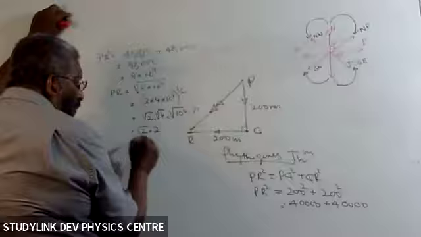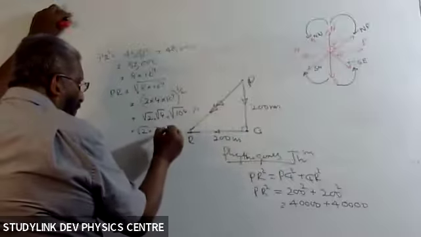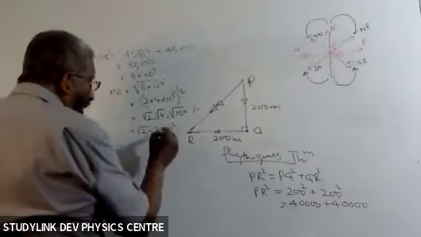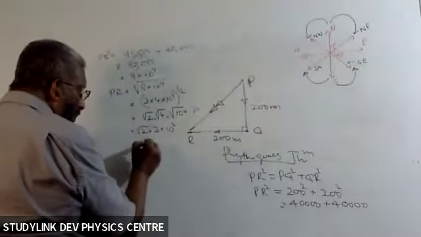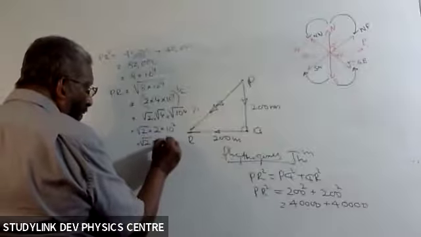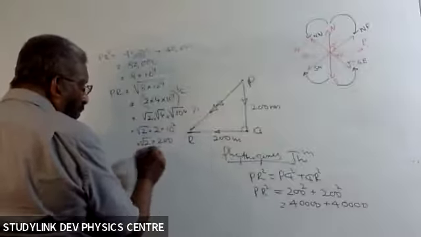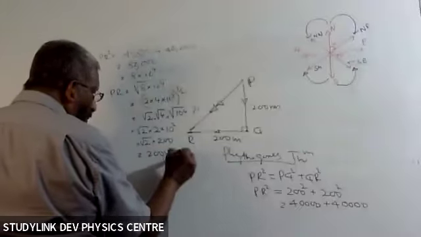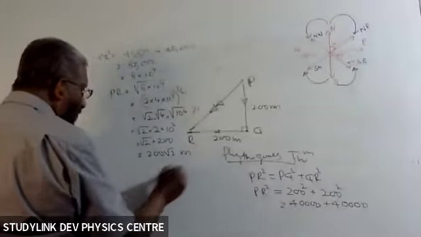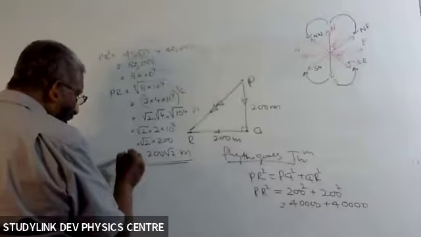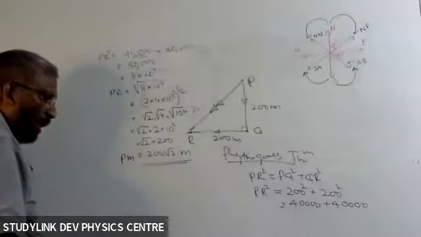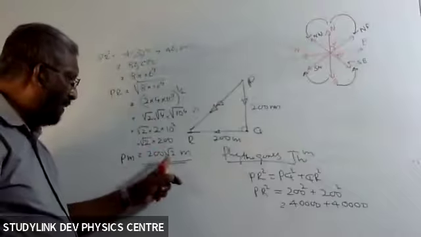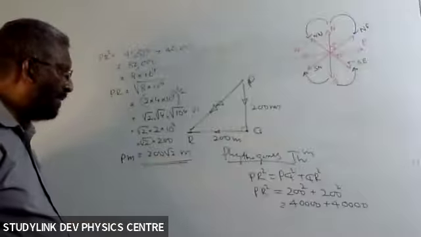Square root of 4 is 2. Square root of 10 to the power 4 is 10 to the power 2. That means this is square root of 2 into 200, 100 into 2, then 200 square root of 2 meters. That is the distance. Square root of 2 is 1.41. Like that you can simplify using that.